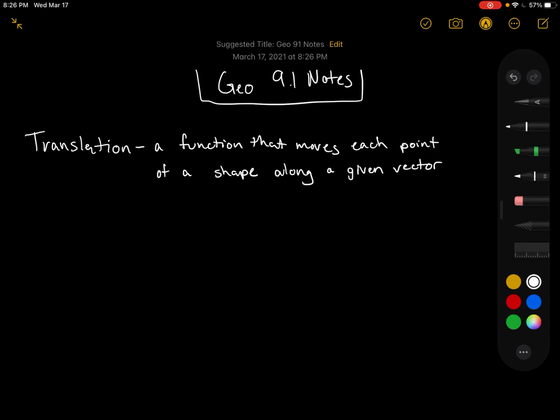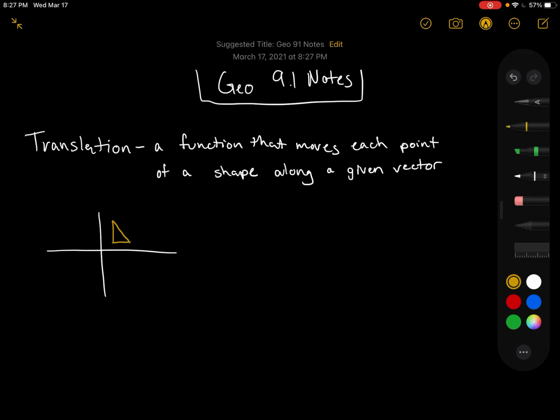Vector is just a fancy word that means basically the directions. So think of it like the Google Maps of moving things. It's going to tell you which way you're going, up, down, left, right, and how far in each of those directions.